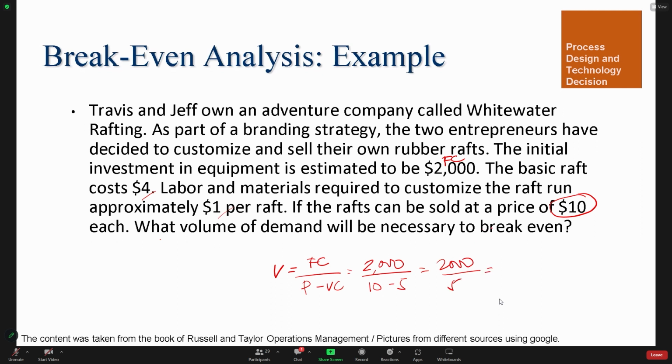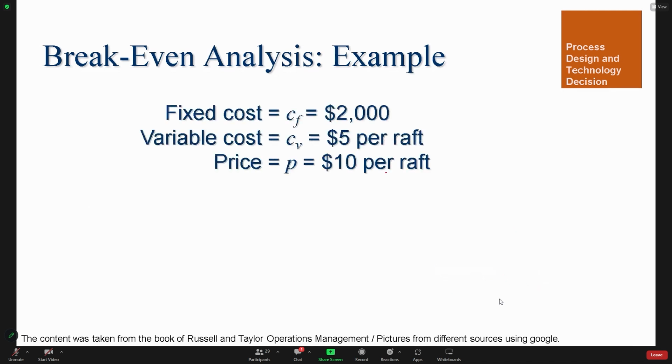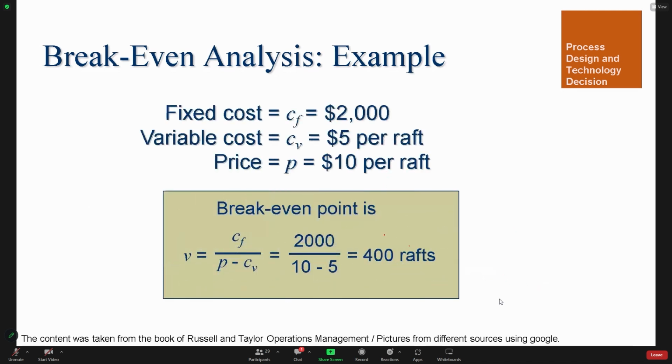Okay, ilang units ng raft? Para maka-break even 400. Yan. Okay, you got the idea. Okay, now, looking at it. So this is your number of units. Okay, moving on. Okay, so ayan siya. So this is 400 raft.